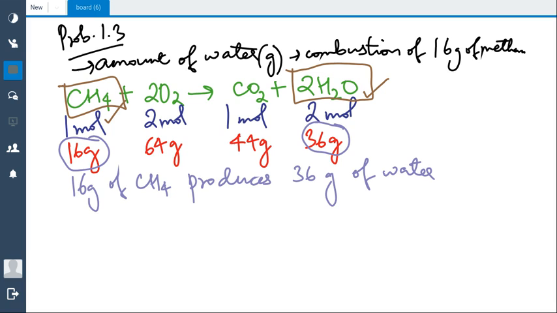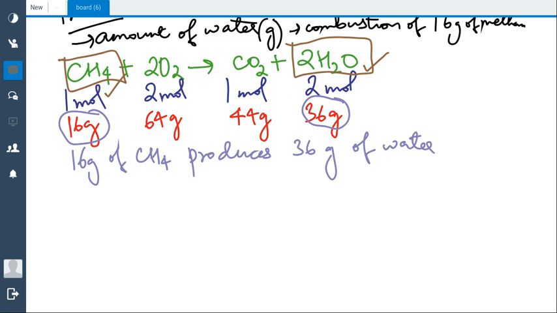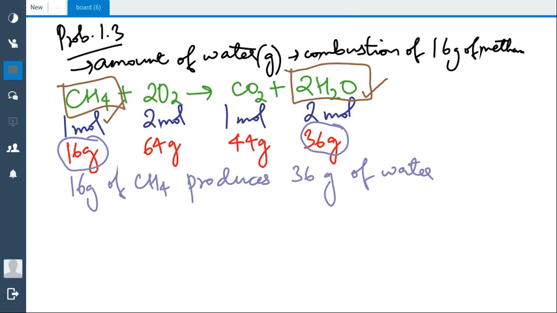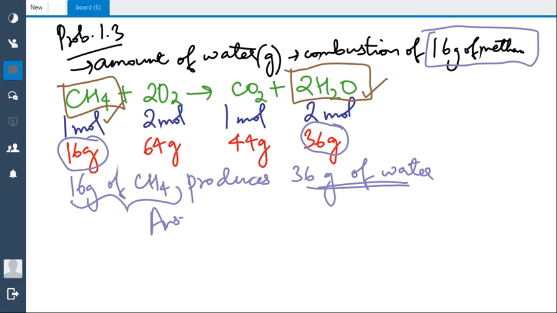Now, according to our question, we need to calculate the amount of water produced by 16 grams of methane. How much is 16 grams of methane producing? 36 grams of water. So, what is our final answer? Our final answer is 36 grams of water. Right?